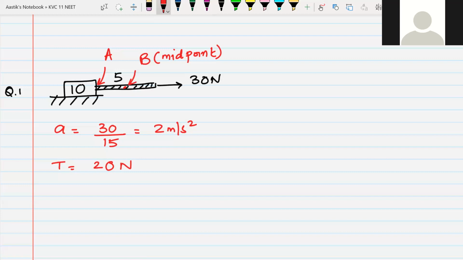Anyone? Boys, girls, anyone? 15 meters. Tension at the middle point of the rope. Bacha, anyone answer?